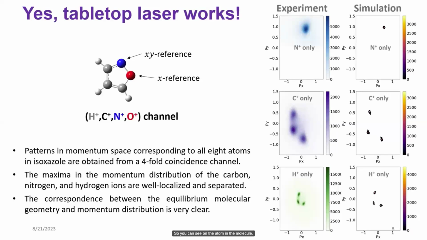So this is the momentum image of the nitrogen, and then this distribution corresponds to the carbons, and this distribution here corresponds to the protons. And then we can replicate this result using a very simple classical Coulomb explosion simulation.